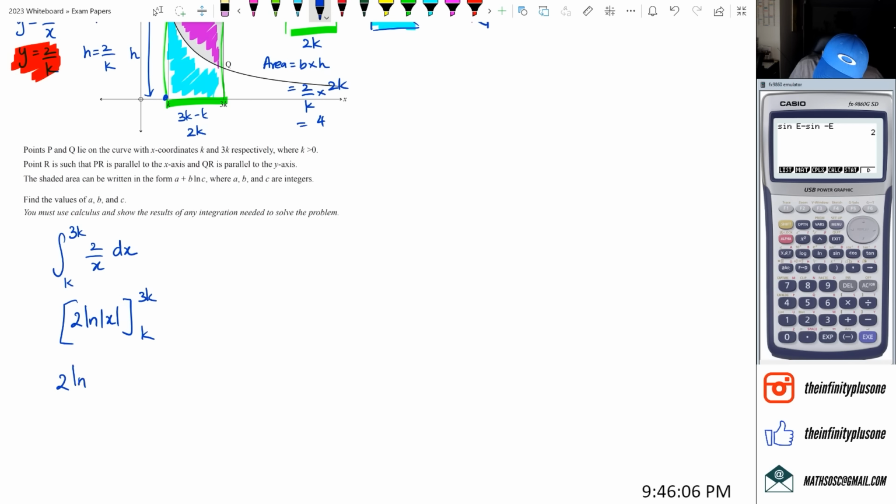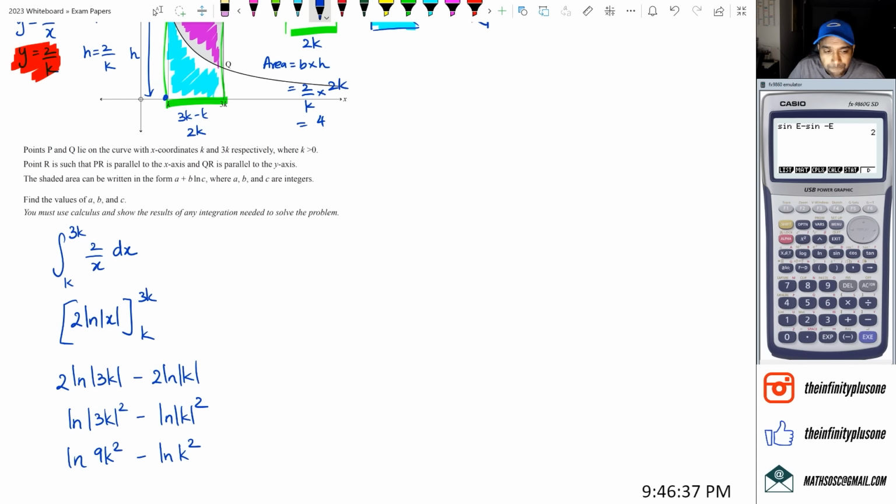So we're going to get 2 ln of 3k minus 2 ln of k. That's looking all good. Then we're going to get ln of 3k squared minus ln of k squared. So we're going to get ln of 9k squared minus ln of k squared.